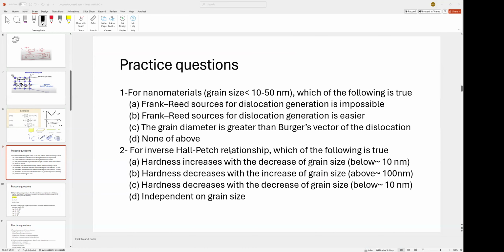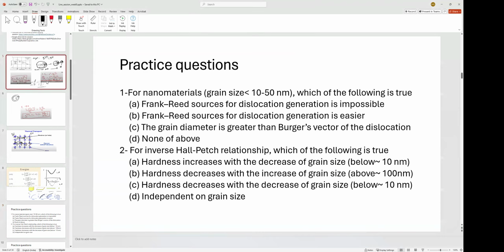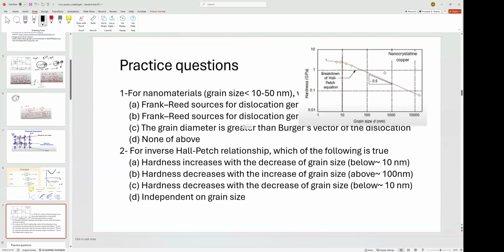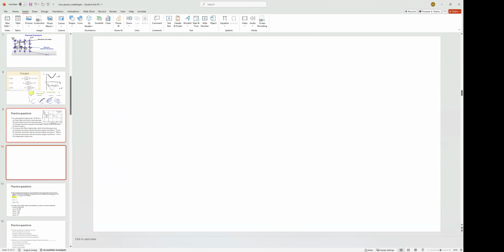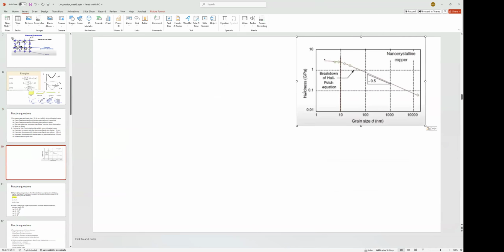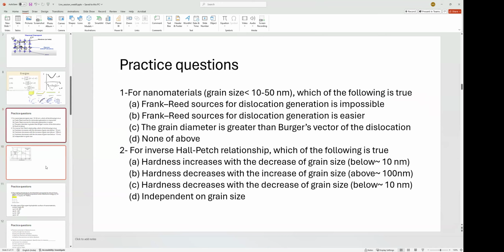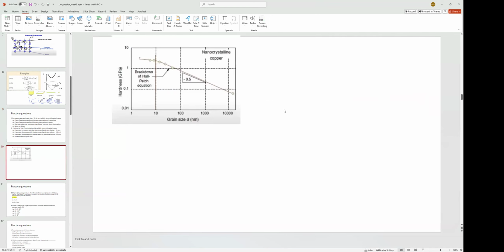For particles less than 10 nanometers, they fall in this region.